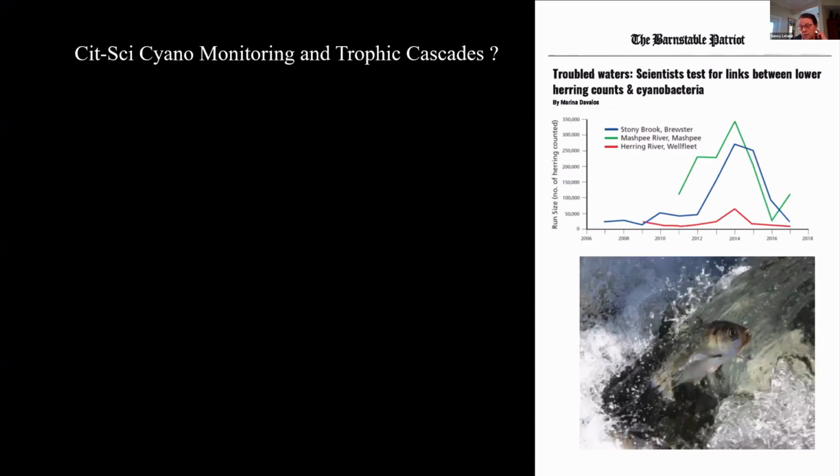So what are we doing for this year coming up, and what's happening with citizen science monitoring and trophic cascades? As you can see on the right-hand side, there's already been an article in the local newspaper regarding this issue because of the decrease in the number of herring counts at the herring runs that they have there.